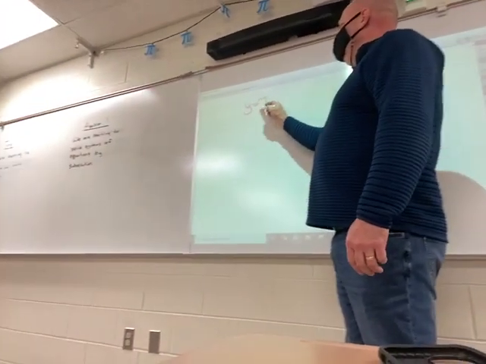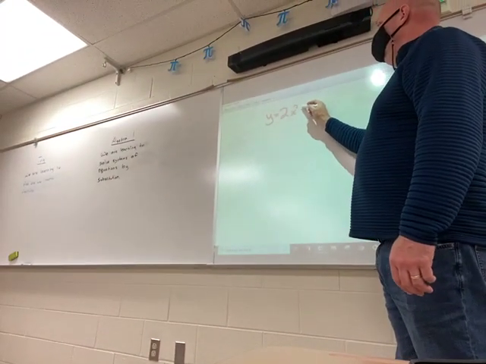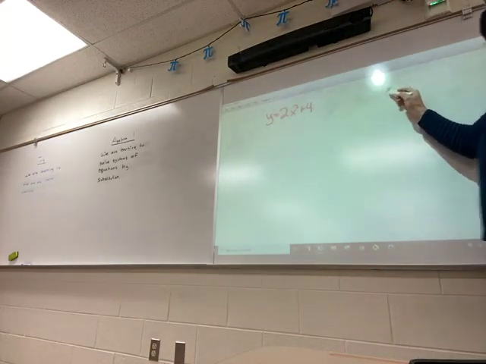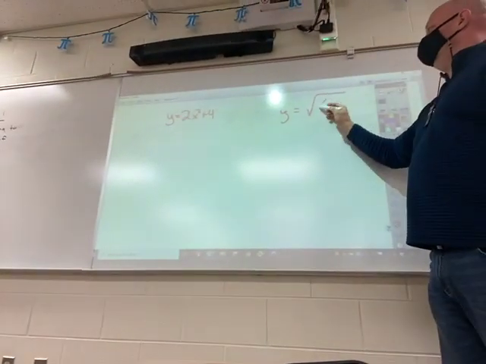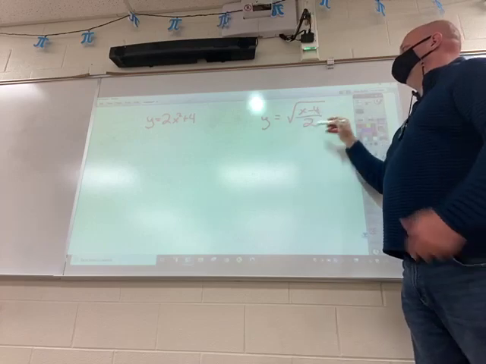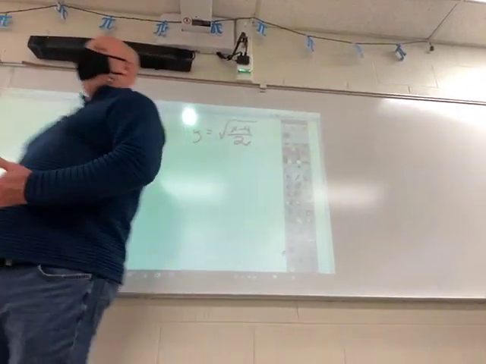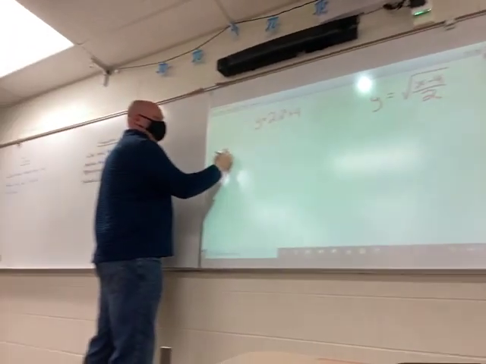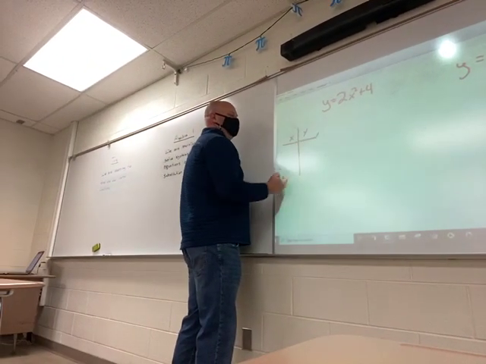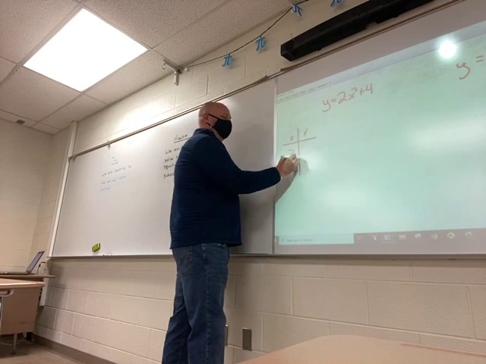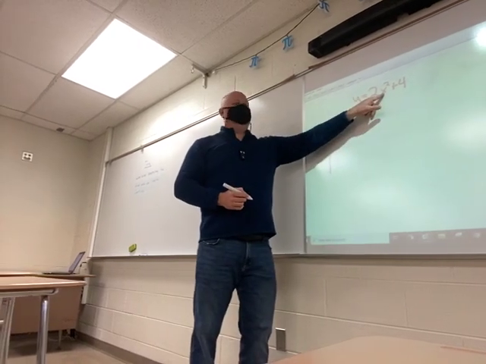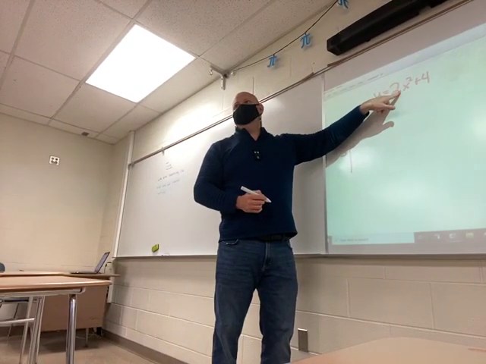And what does that mean? Like, what does this and this being inverses mean? Well, what it means is if you were to plot points, let's say you plug in a 3. 3 squared is 9. 9 times 2 is 18.